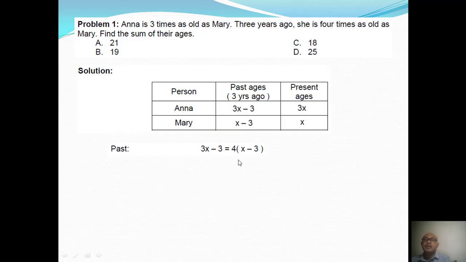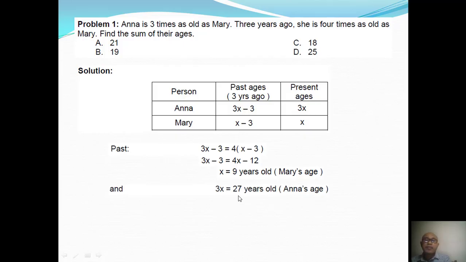So we can solve for x, and that is 9 years old. That is Mary. For Anna, that is 3 times x, so that is 27. So, for the question, find the sum of their ages. The sum of their ages is 36, so 9 plus 27.